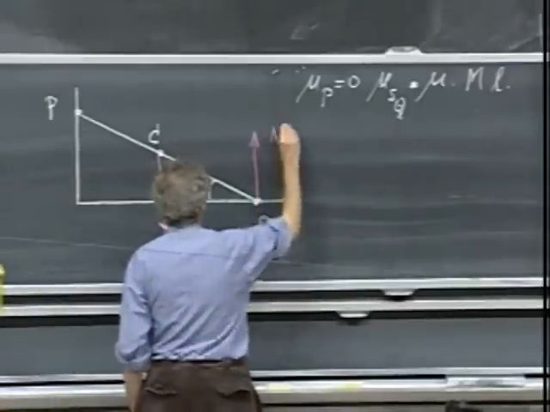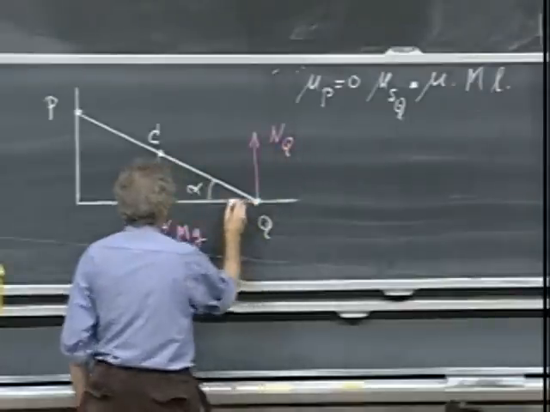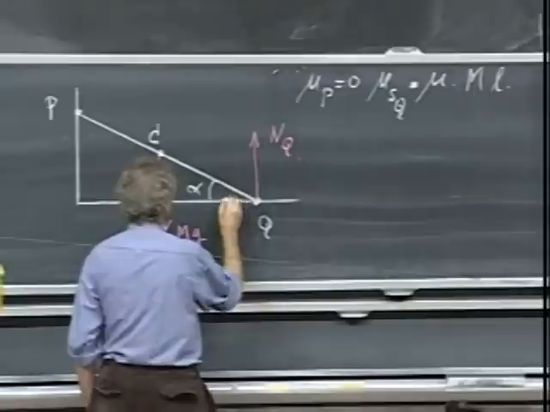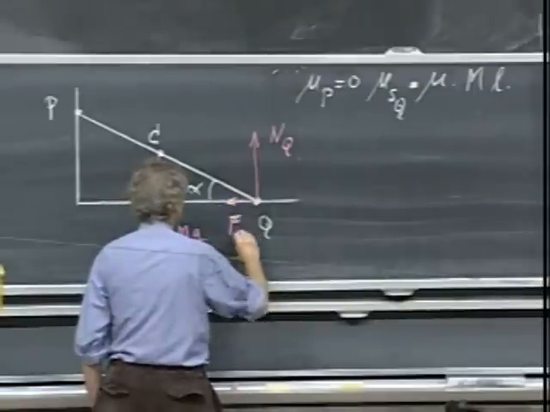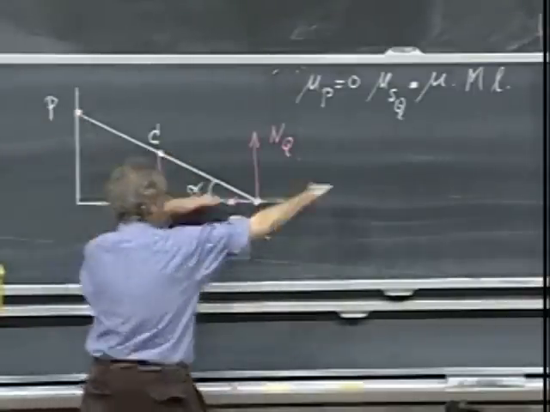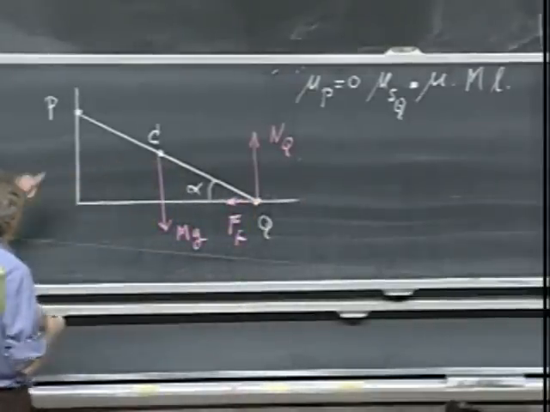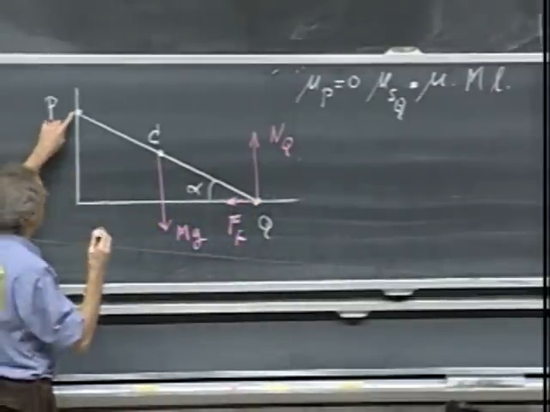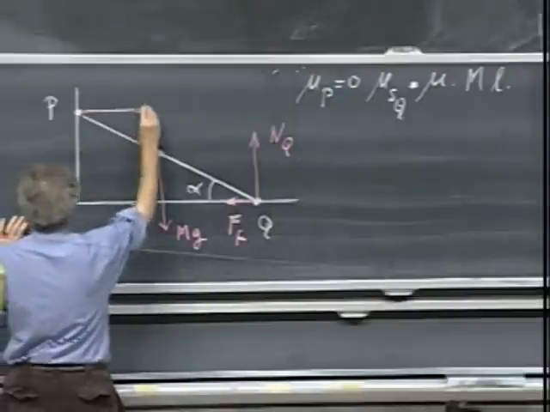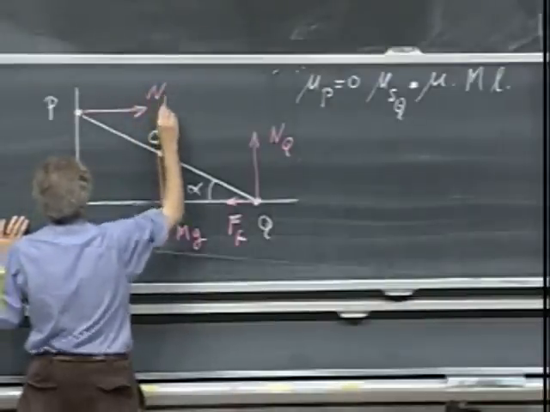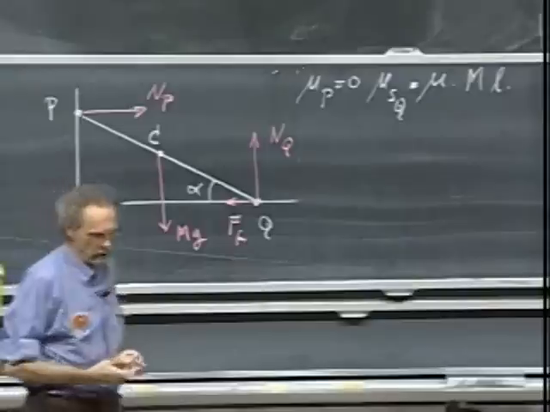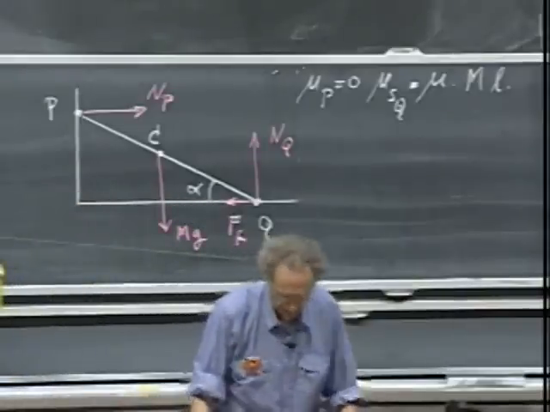I call that N of Q. We have friction in this direction, because clearly the ladder wants to slide like this, so the frictional force will try to prevent that, and will be in this direction. At point P there is no friction, so there can only be a normal force, and I call that N of P. So these are the only forces that act on this object.